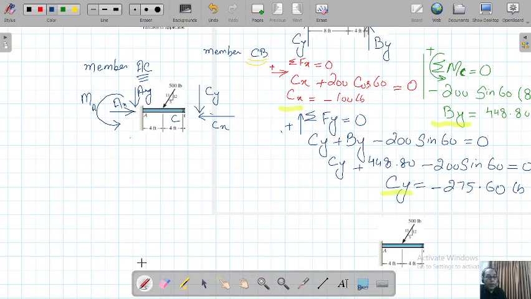So again apply. Can we solve it now? If you see, we know Cx, Cy, and we don't know Ax, Ay, MA, so we can easily calculate. We can say we can calculate Ax, and if we calculate Ax, we have to apply sigma Fx is equal to 0.